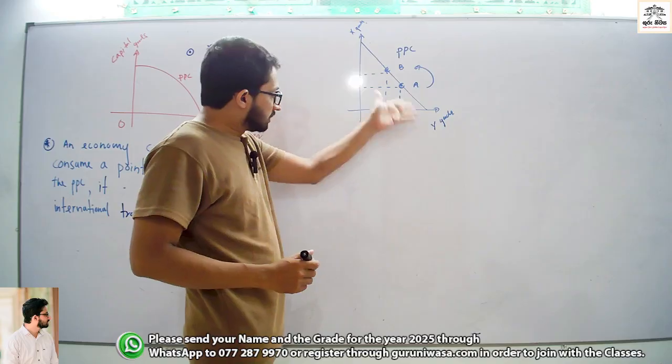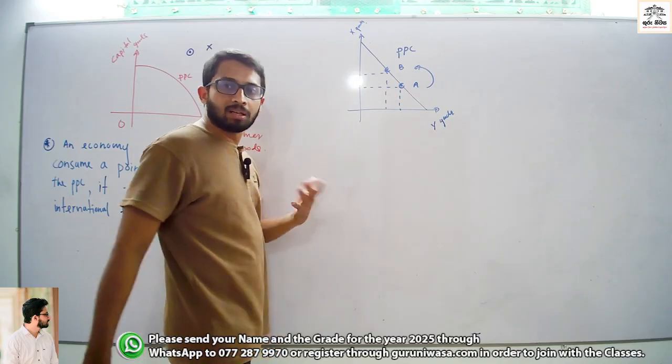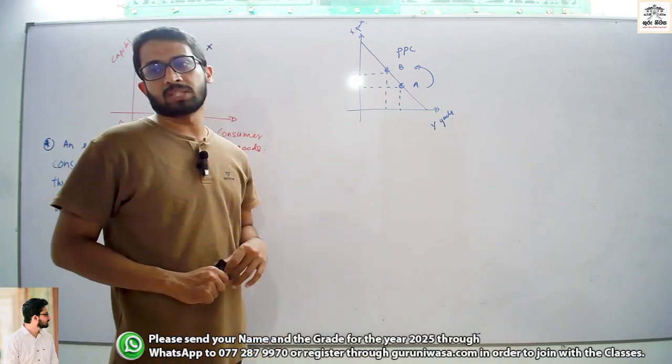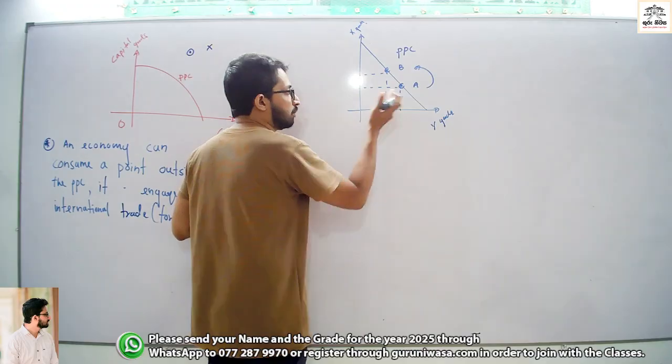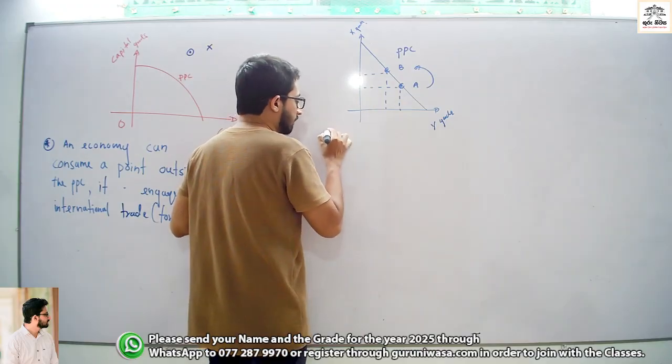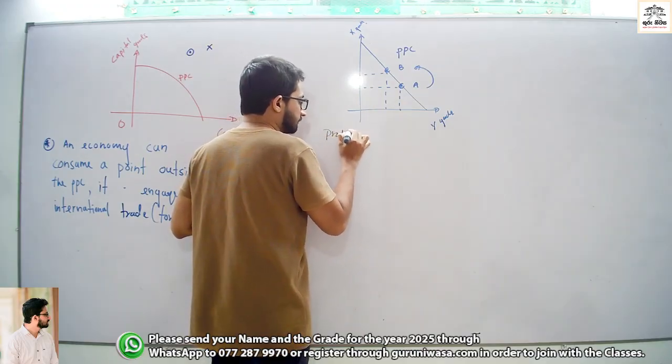A straight line PPC means constant opportunity cost.